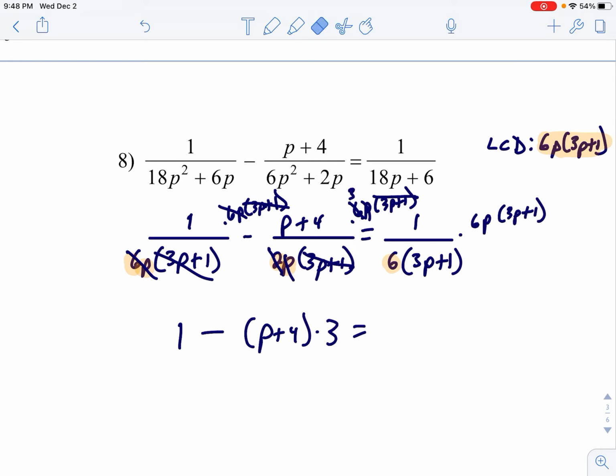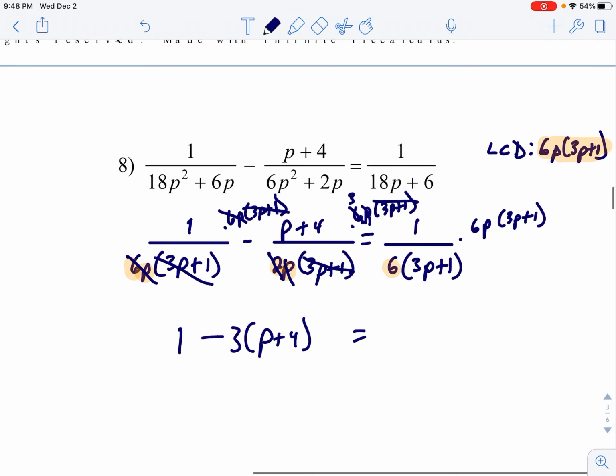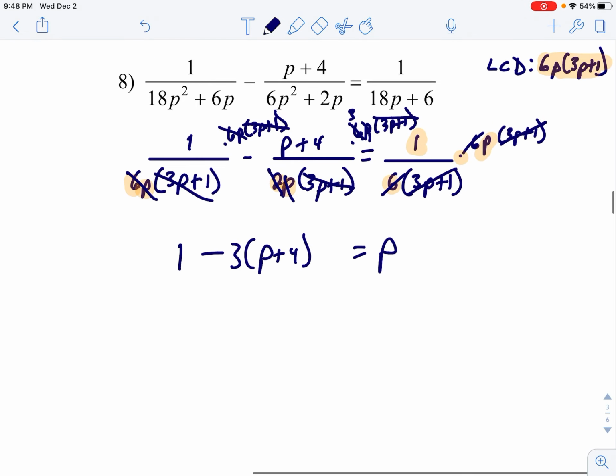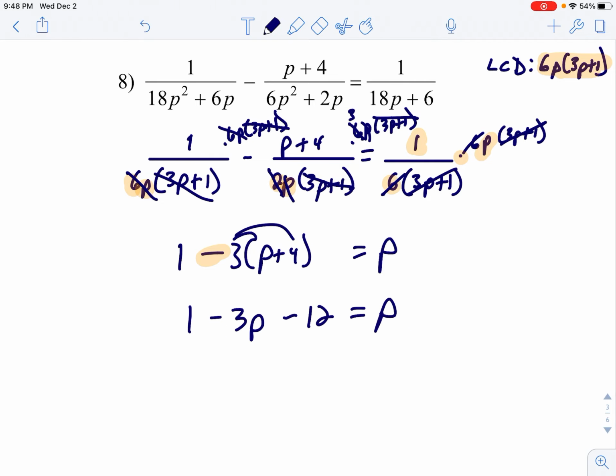In fact, I'm going to rewrite it, because normally when we distribute, we put the number in front, so that makes a little more sense. And then this other term, the 6 cancels, the 3p plus 1 cancels, leaves me with 1 times p. So I can just make that a p. That's nothing I need to carry down. Next, I have to distribute, and keep in mind that negative sign distributes with it. So 1 minus 3p minus 12 equals p.